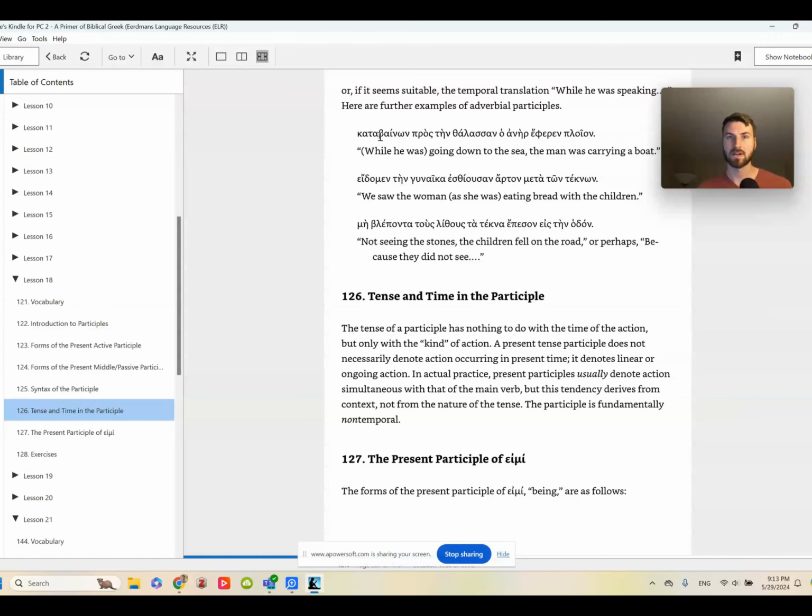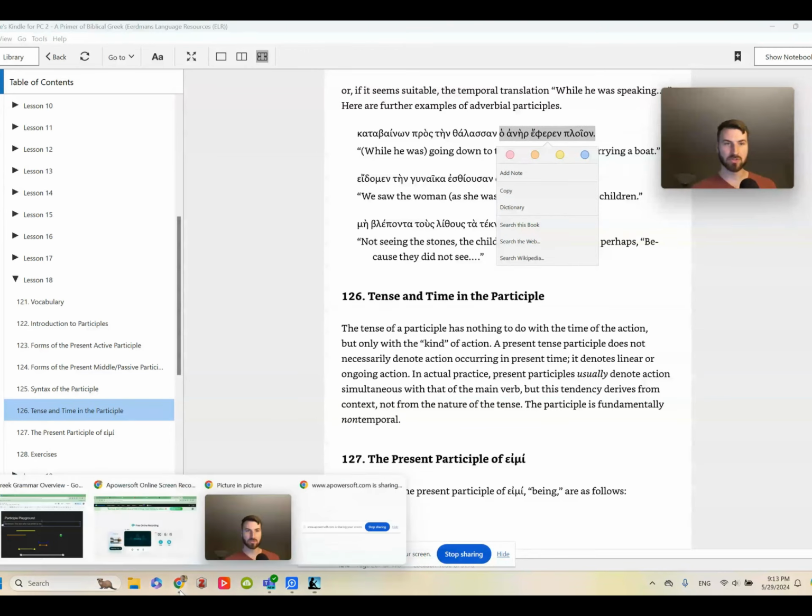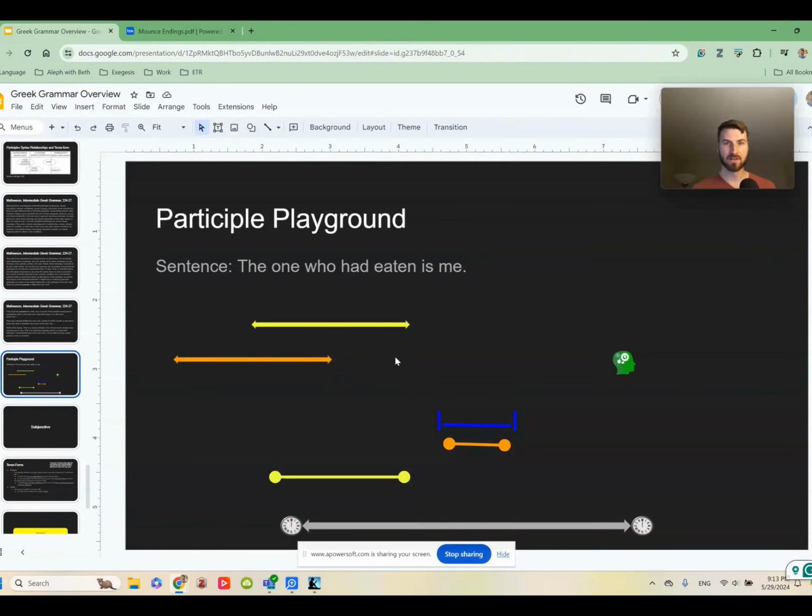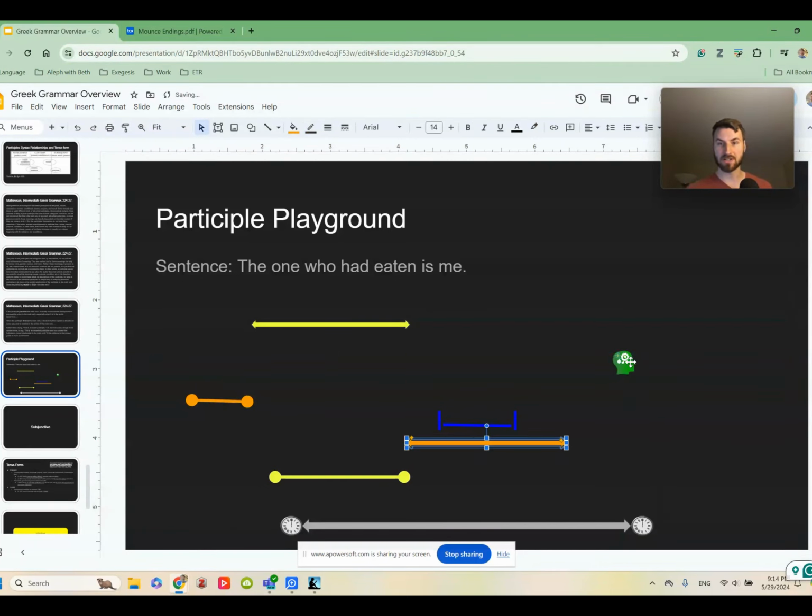So, kata bainon proston ten thalasan hoaner eferon thoyon. So we would do while he was going down into the boat, or sorry, going down to the sea. I'm thinking the boat over here. The man was carrying a boat. So if we go to our chart here, how we would do that one. So he was carrying the boat. So that's an imperfect, so you do imperfect aspect.